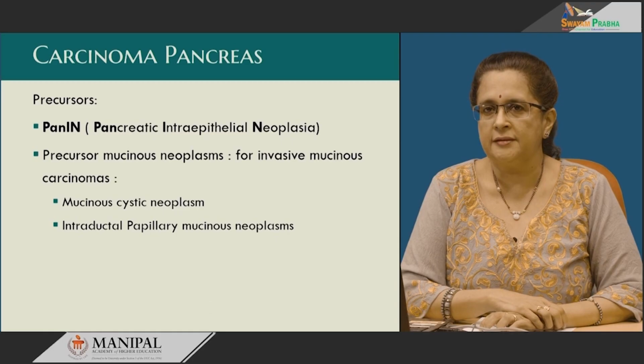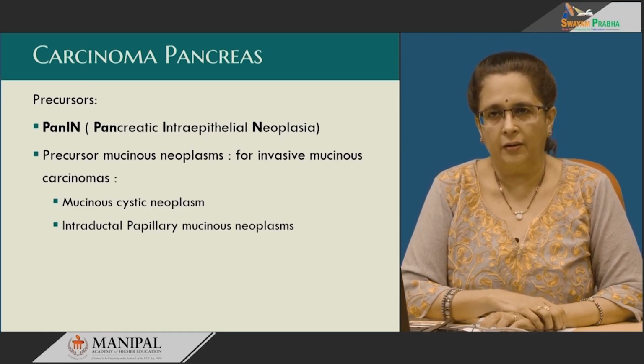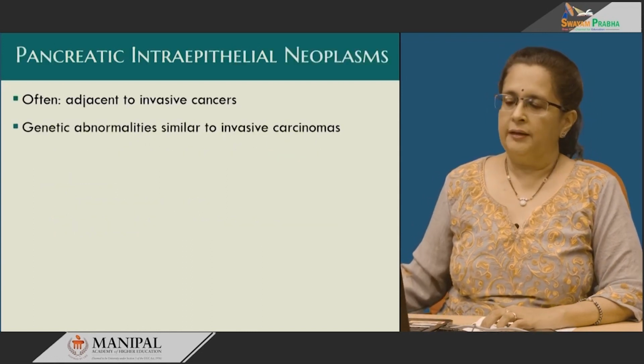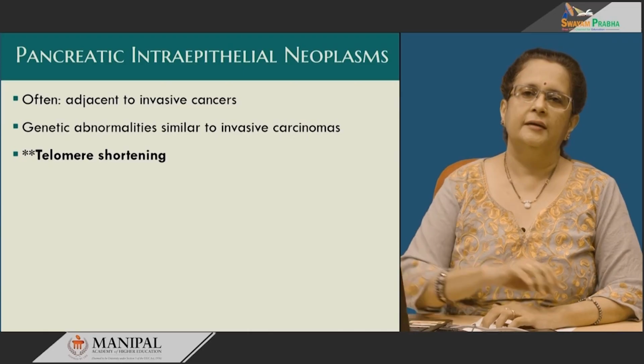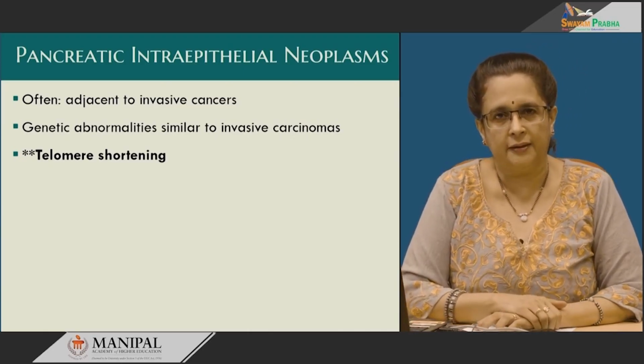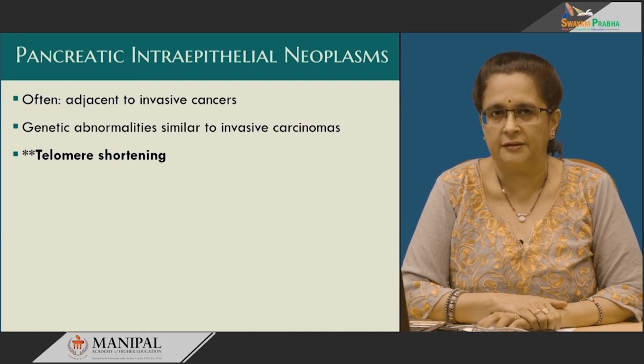Now, of importance in carcinoma pancreas or adenocarcinoma pancreas is PanIN or pancreatic intraepithelial neoplasm. Now, the importance of this is that it is seen that in most of the patients with pancreatic ductal adenocarcinoma, adjacent to that there is a high grade PanIN present.